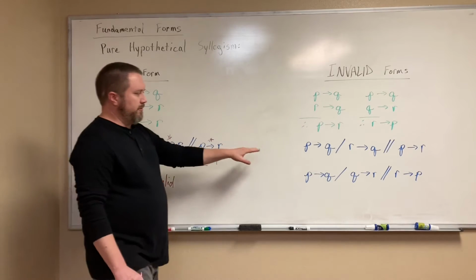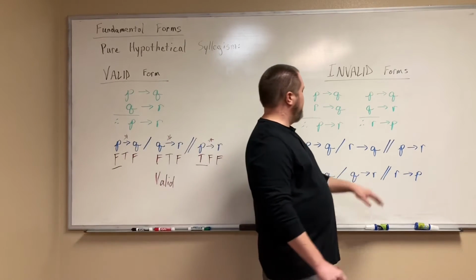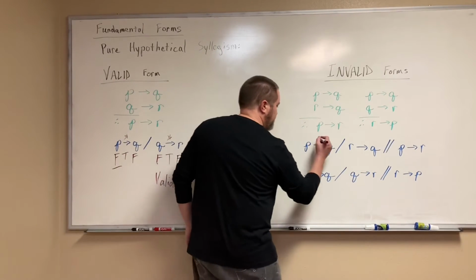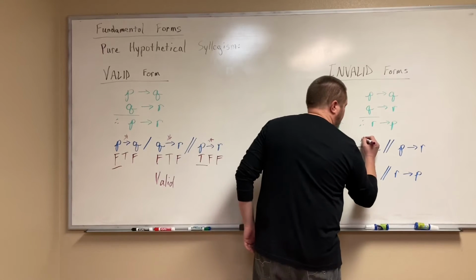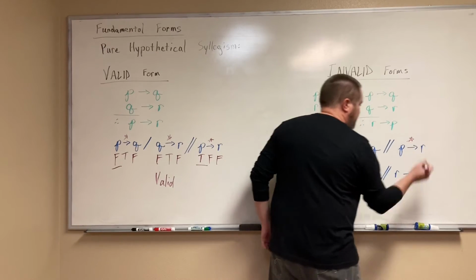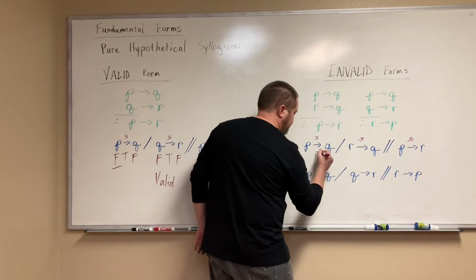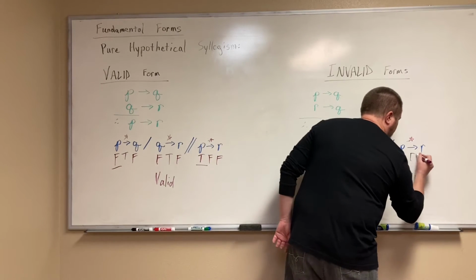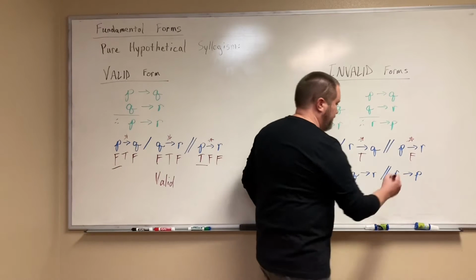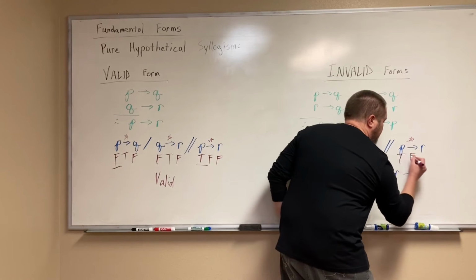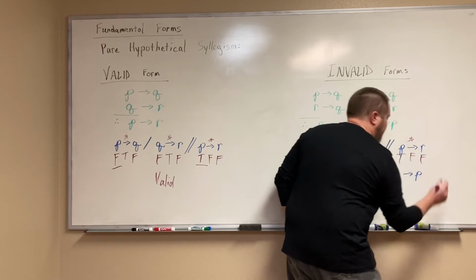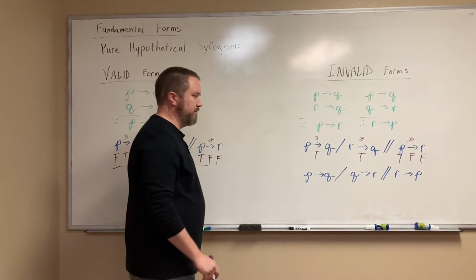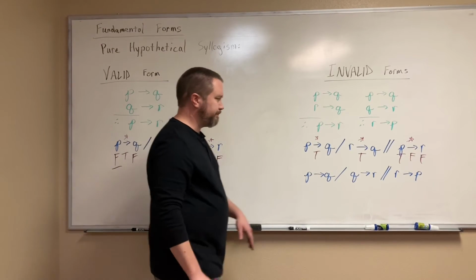So let's go through and do an indirect truth table for each one of those. All of these, we're going to have the conditional as the main operator. True, true, false. Start with the false conditional. You're forced into having a true antecedent and a false consequent.